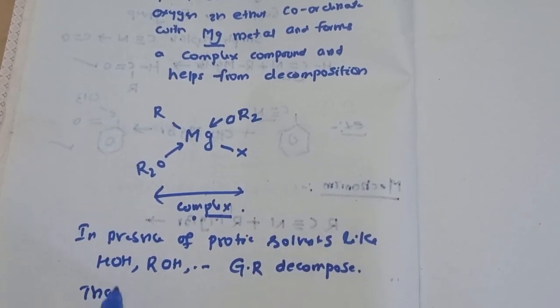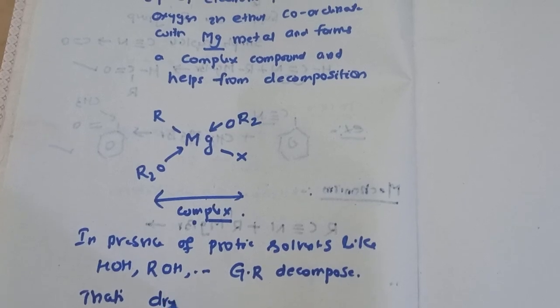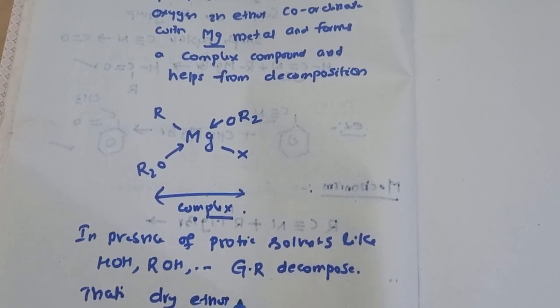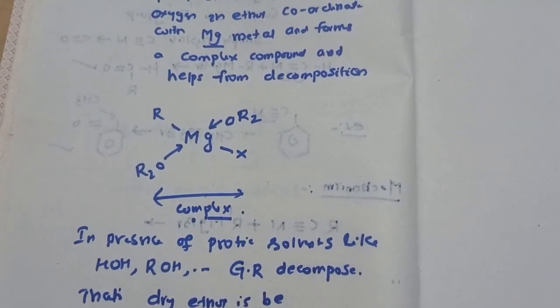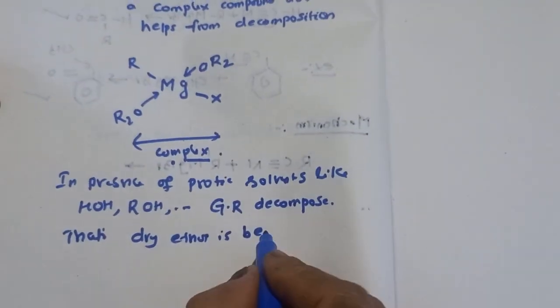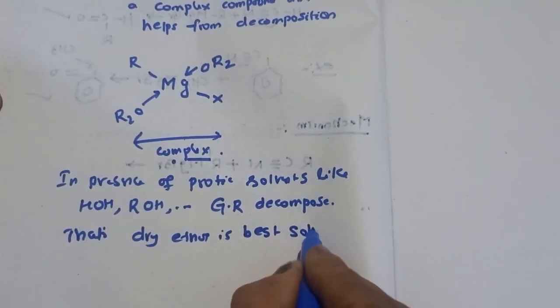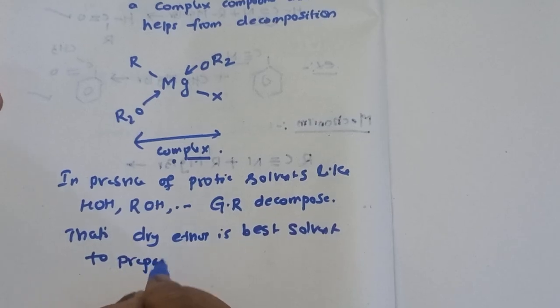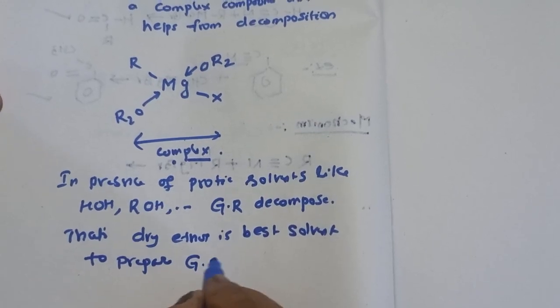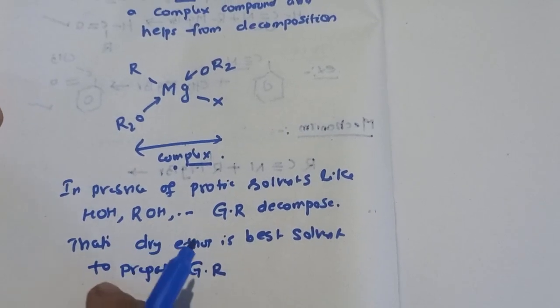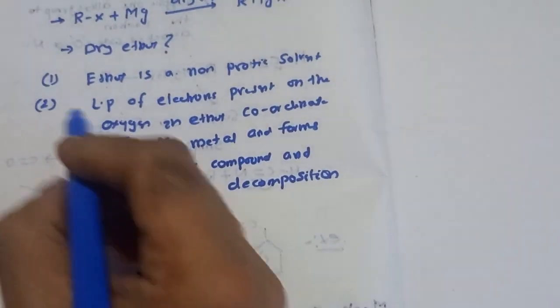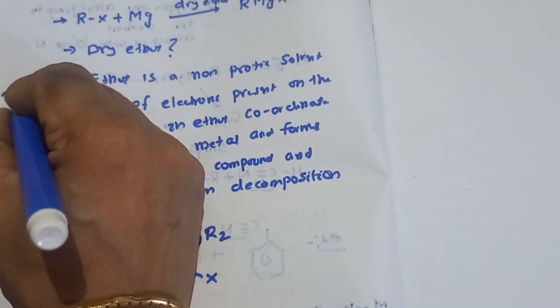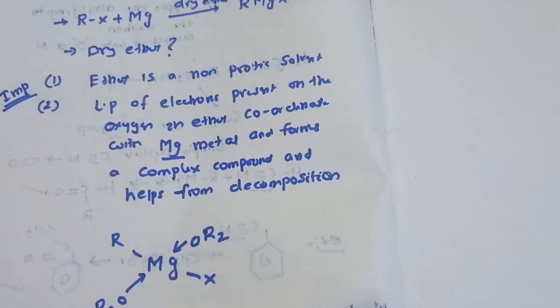That's why dry ether is the best solvent to prepare Grignard reagent. This is the most important point to be remembered for board exams as well as your entrance examinations. Now we will consider one by one.